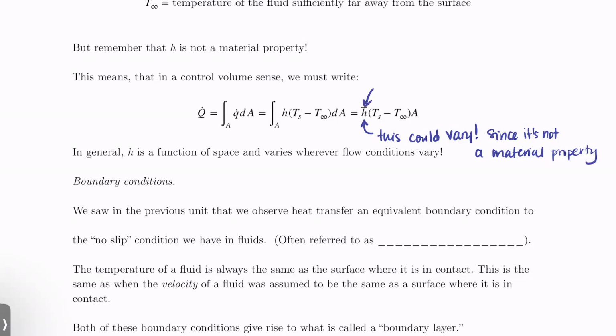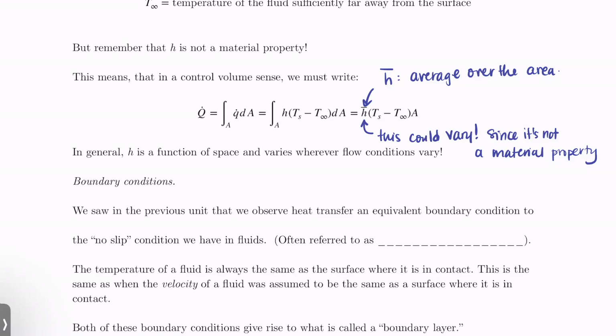The bar is an average over the area. So in general, h, the convection heat transfer coefficient, is a function of space. It's a function of time if it's an unsteady flow. And so anytime the flow conditions change, h could change as well.